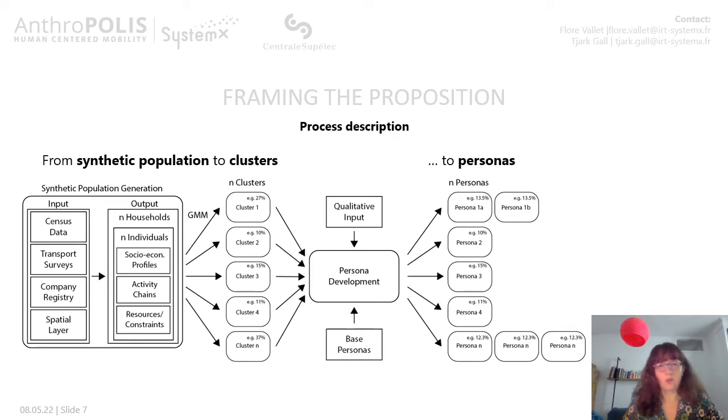Here is the proposition. You've got the synthetic population on the left-hand side based on census data, transport surveys, company-related data, and spatial data, which we are going to cluster into classes, and this is going to enable the development of more statistically informed personas, and we can find several of them on the right hand side, also informed by some qualitative inputs.